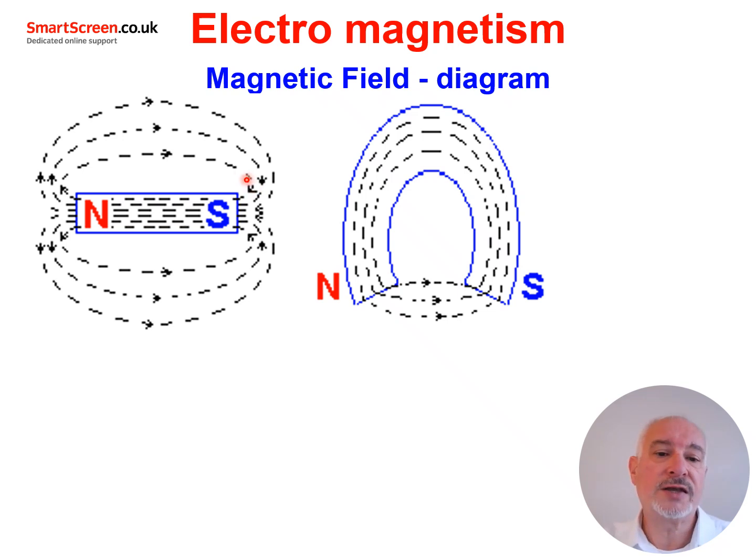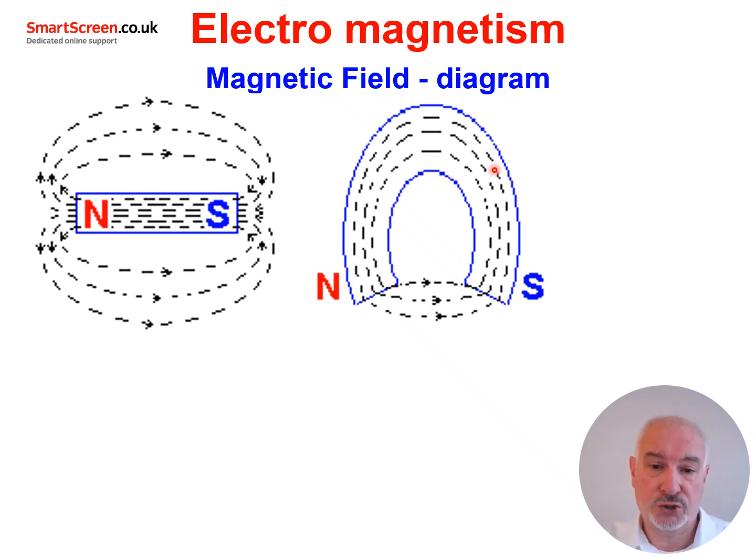Now these lines are called flux lines, and the word flux is to do with flow. And the magnetic lines of force are called flux lines because these lines flow from the North Pole to the South Pole. And that's shown at the top here and at the bottom. Each of these lines is flowing from the north to the south.